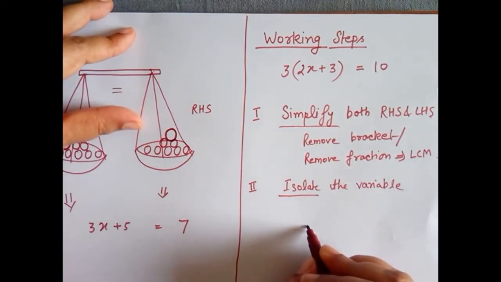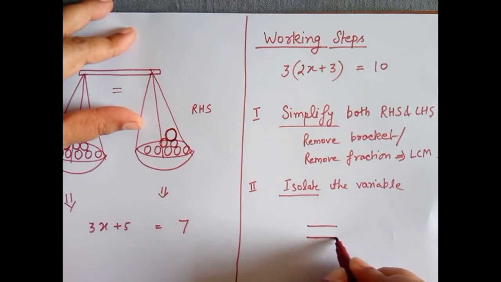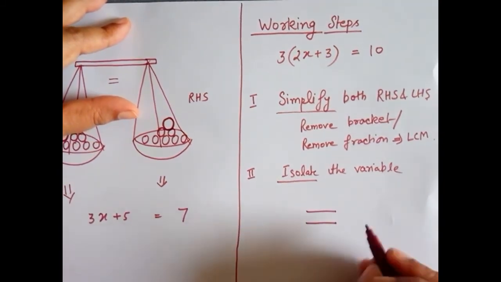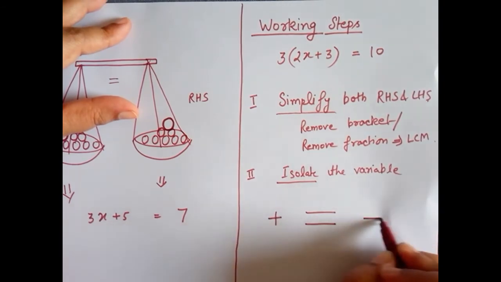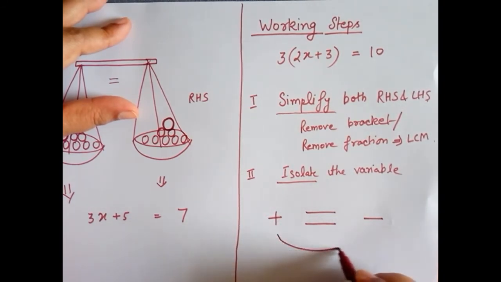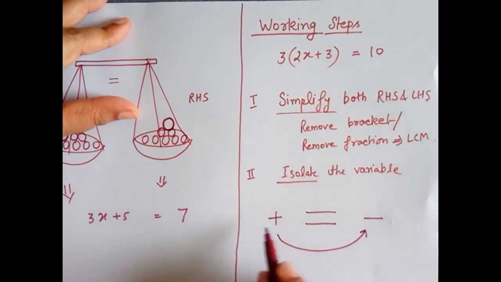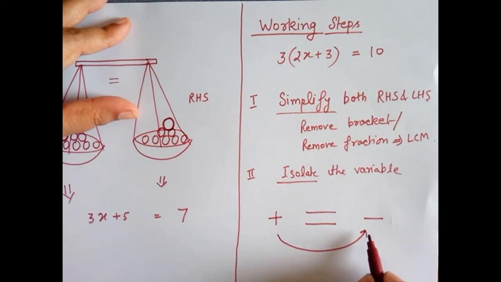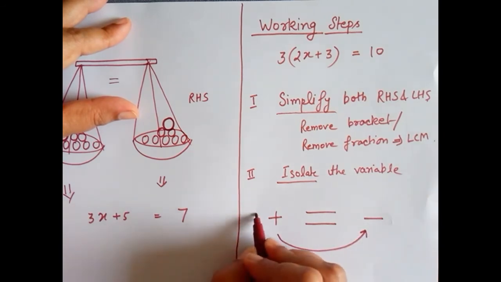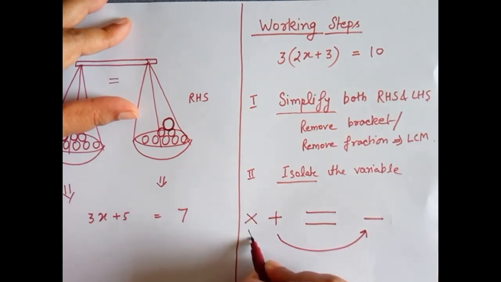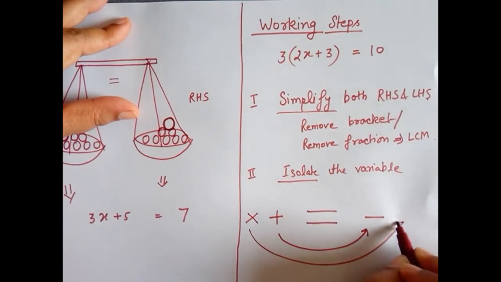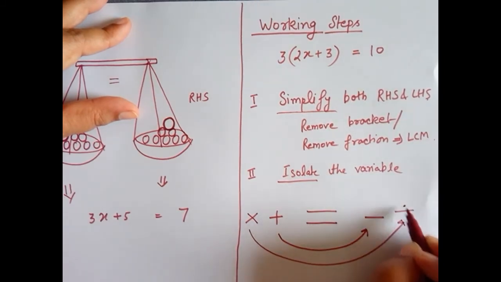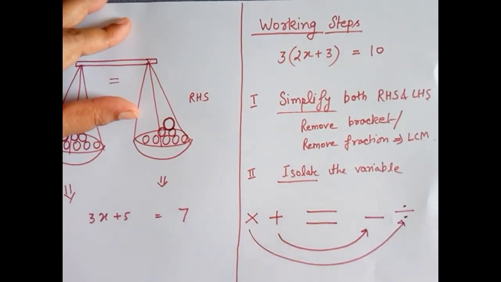This is the equal sign, children. Whenever anything goes from the left hand side to the right hand side, it changes its nature. If a plus sign goes from the left hand side to the RHS, it will become negative. Same if a multiplication sign goes from the left hand side to the right hand side, it will become division.